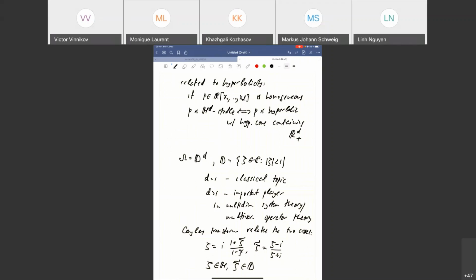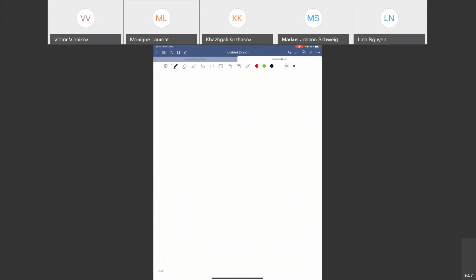Now, more concretely, what we can do with that is that if P is H^d stable, we basically apply the Cayley transform in every variable. So we define P tilde of z1 tilde, ..., zd tilde. So I'm going to take P and apply the Cayley transform in every variable.